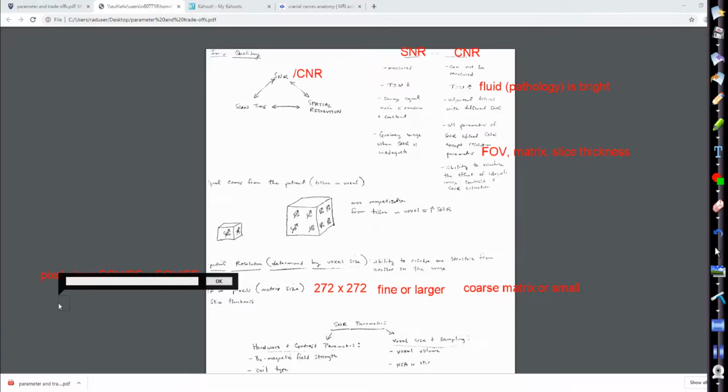And then to get voxel size, it's basically what we just had above times slice thickness. That's voxel size or voxel volume? Voxel volume. Yeah, that's a better way to put it. Voxel volume. But they might say voxel size on the registry. But the more appropriate way to say it is voxel volume.